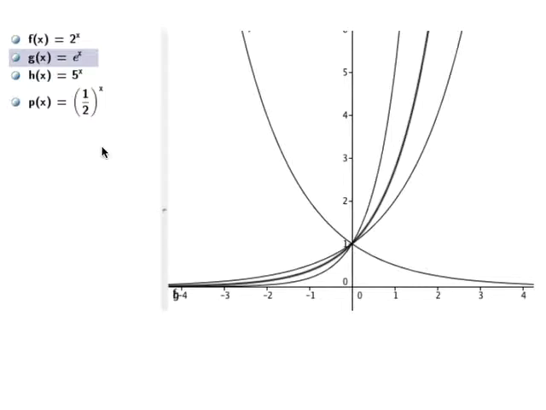Why is that? Well, if we were to expand this, it's the same thing as 1 over 2 to the x. 1 to the x power is just 1, and then 2 to the x power in the denominator, and well, I can move that up to the numerator and make it 2 to the -x power.